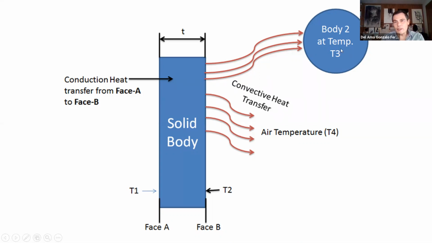And finally, we have radiation if we have two solid bodies at different temperatures, and we're always going to have two different bodies at two different temperatures, because people are at a temperature, and walls and roofs and floors are at different temperatures. So we always have three different mechanisms of heat transfer.